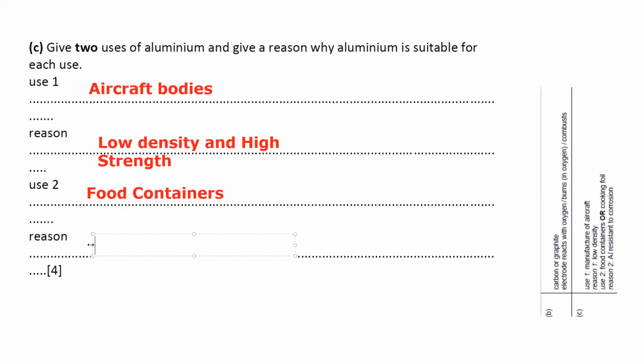Because it does not rust or it resists corrosion, or does not form a harmful compound on the surface. That's why we say it resists corrosion, so we can use aluminium containers.